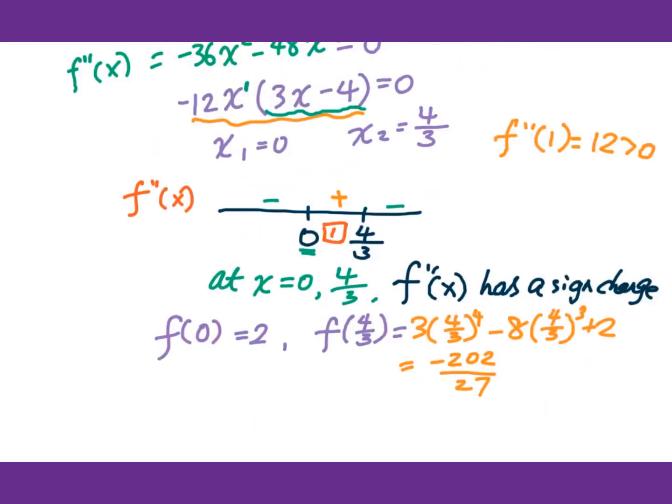After we put it into the calculator, you get negative 202 over 27, which means we have the coordinates 0, 2 and 4 over 3, negative 202 over 27. These 2 points are inflection points.